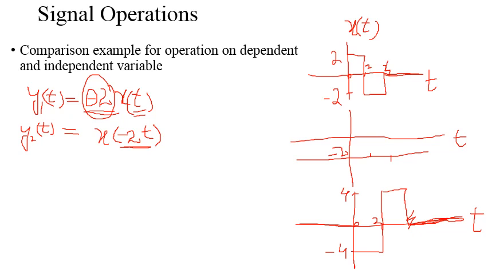So in order to obtain y of t, let's first obtain x of 2t, right? So how to obtain x of 2t, because we have done the scaling operations in the previous lecture.